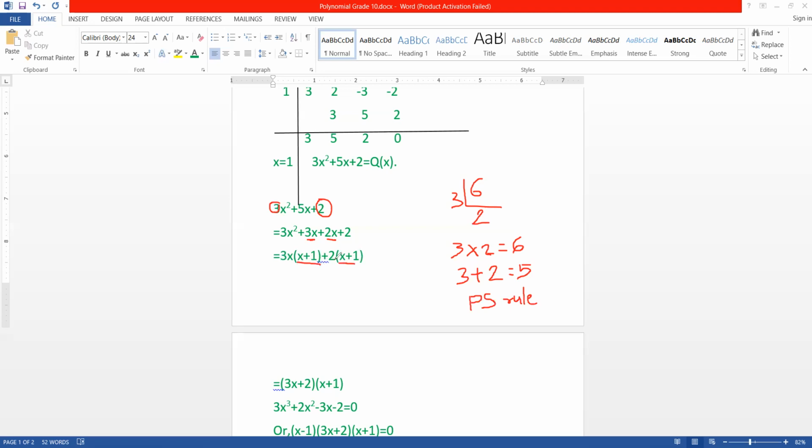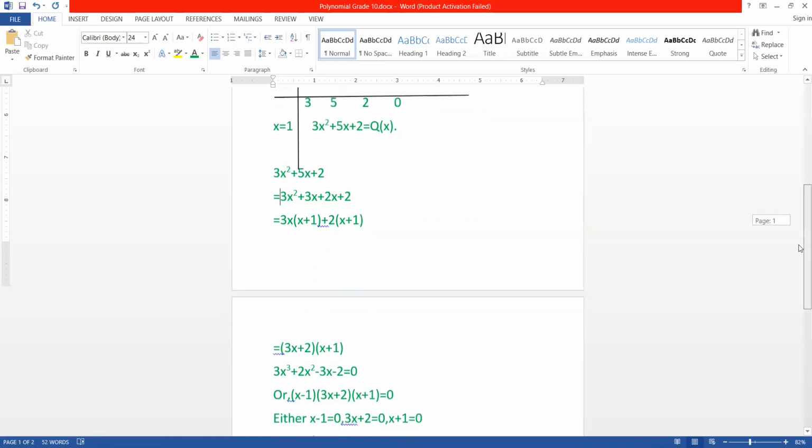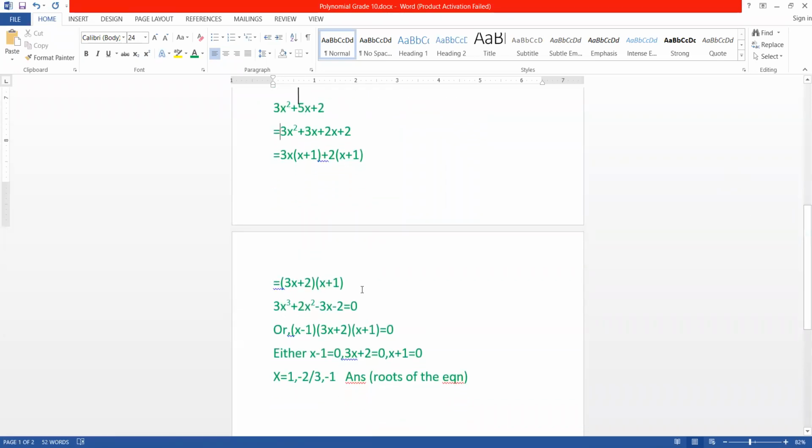So 3x into x plus 1 and 2 into x plus 1, finally 3x plus 2 into x plus 1. Let me clear this now. And finally 3x plus 2 into x plus 1.